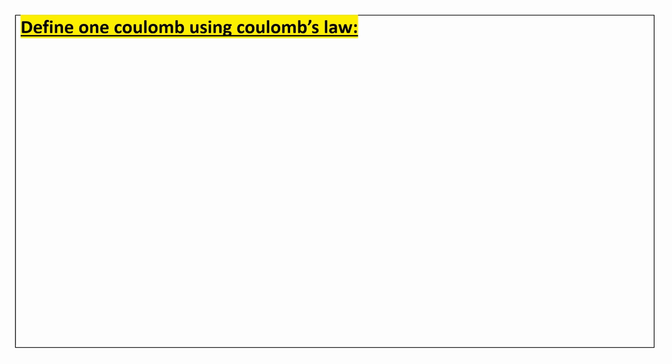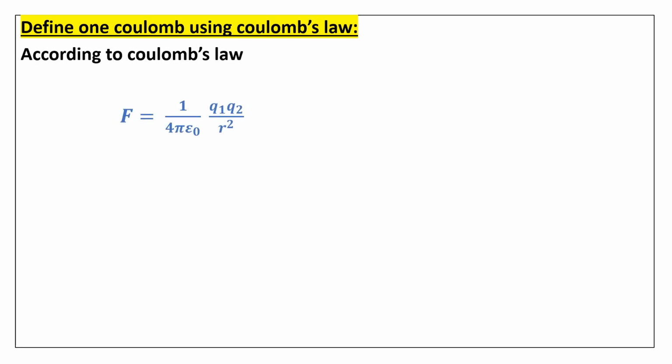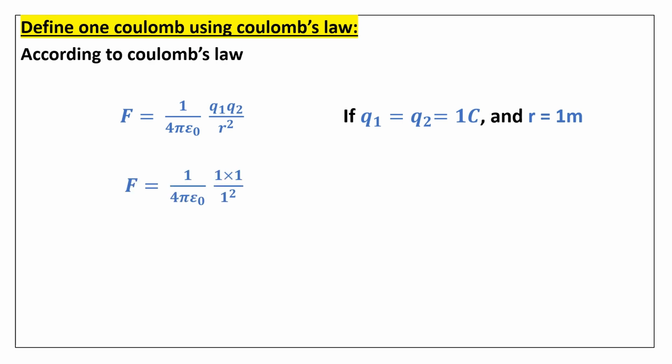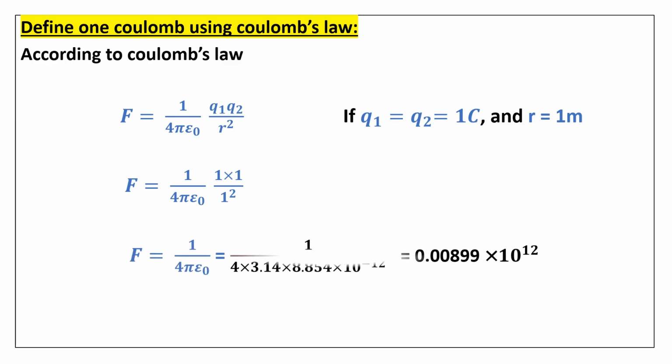Next, define 1 Coulomb using Coulomb's law. According to Coulomb's law, F = 1/(4πε₀) × Q1Q2/r². If Q1 = Q2 = 1 Coulomb and r = 1 meter, substituting in the above equation, we get F = 1/(4πε₀) × 1/1².